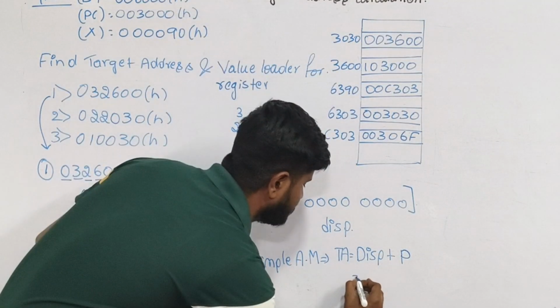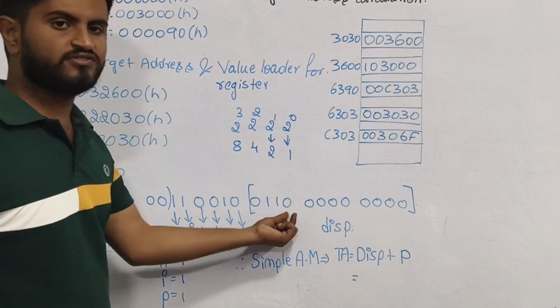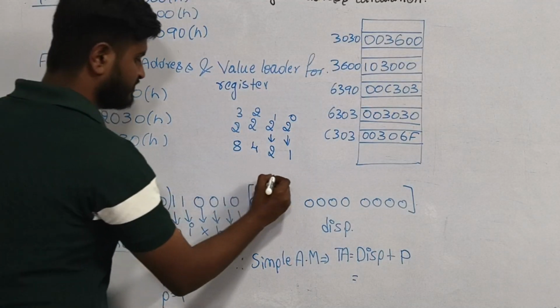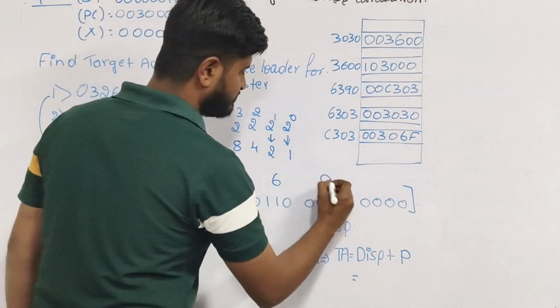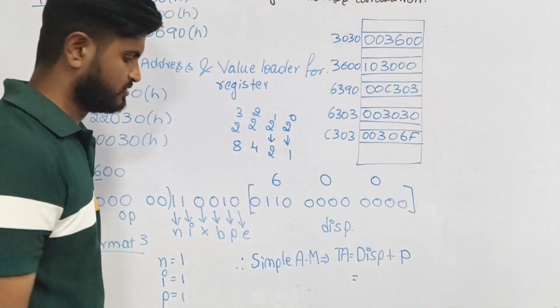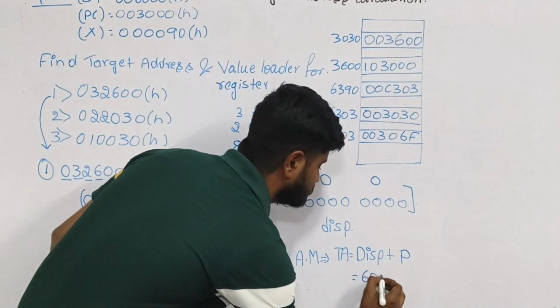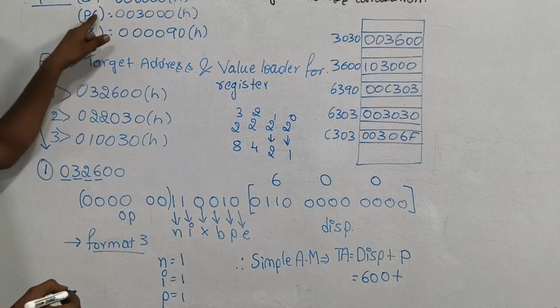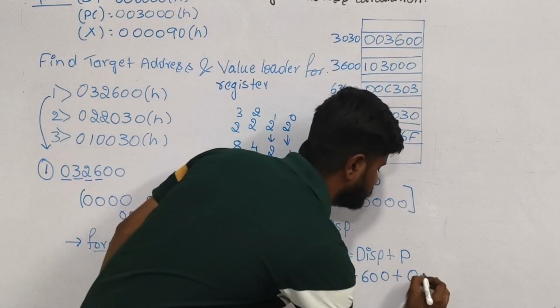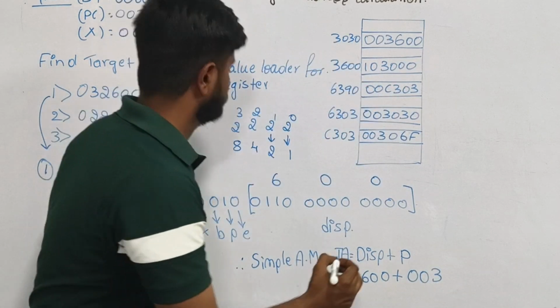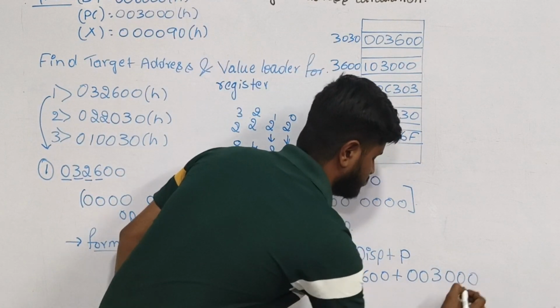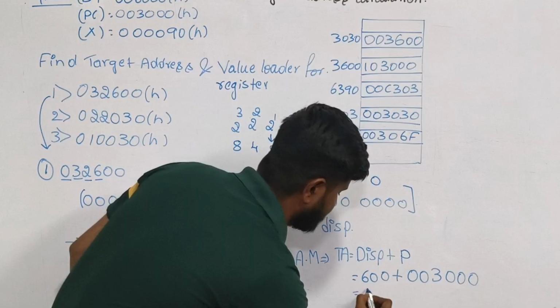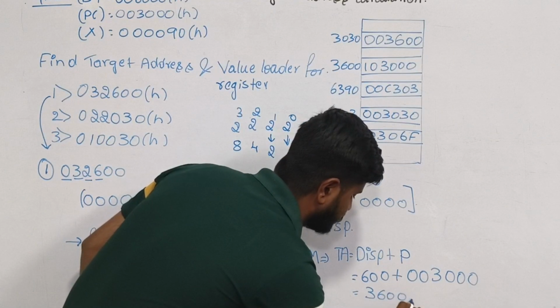What is the displacement here? 0, 1, 1, 0 means 6. 0, 0, 0, 0 means 0. 0, 0, 0, 0 means 0. So 6, 0, 0 is the displacement plus p. p means the program counter value. It is given, that is 0, 0, 3, 0, 0, 0. If you add both of them, you will get 3, 6, 0, 0.